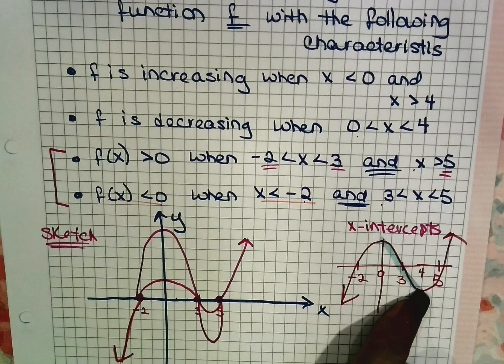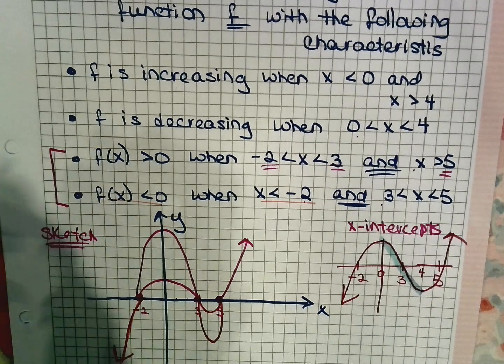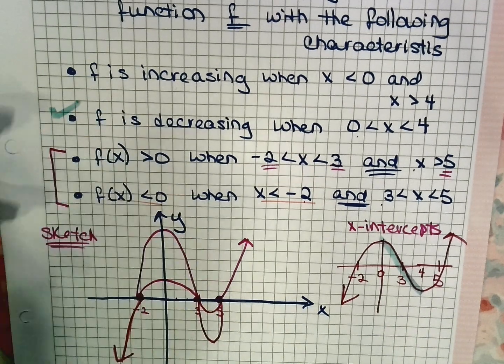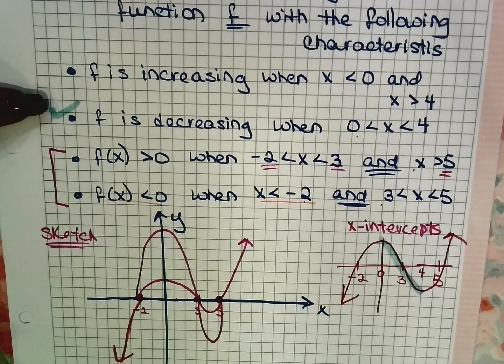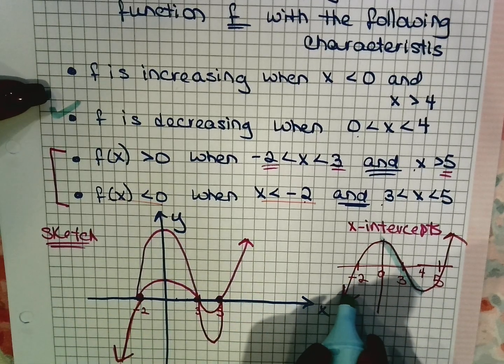So it looks like this might be the lowest point. So it is decreasing, and that matches this. So that's true. And f is increasing when x is less than 0. And that is also true.